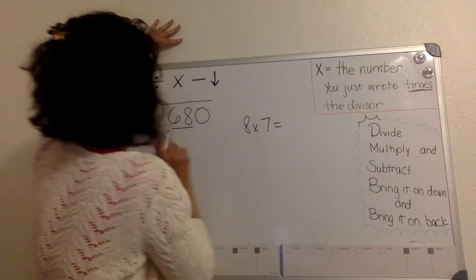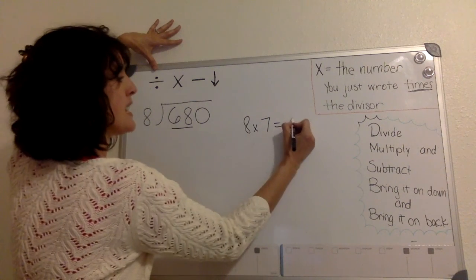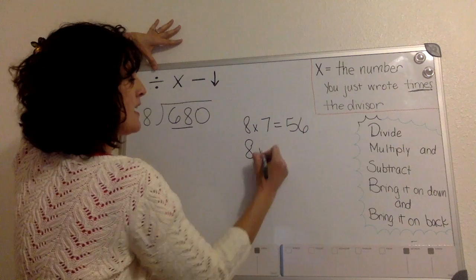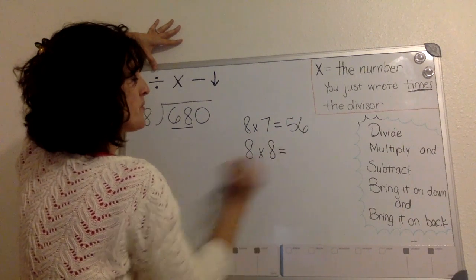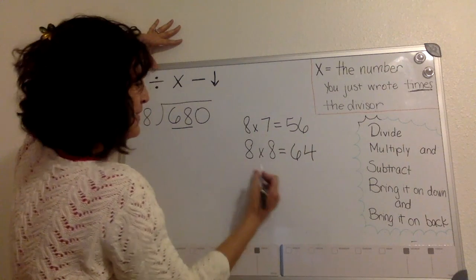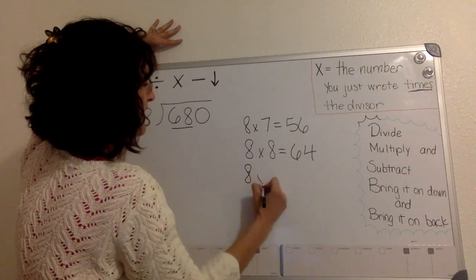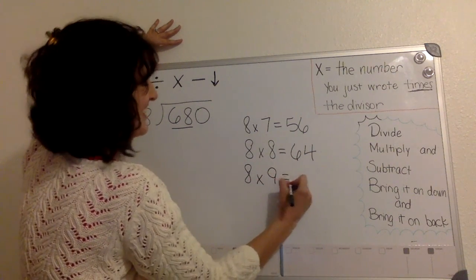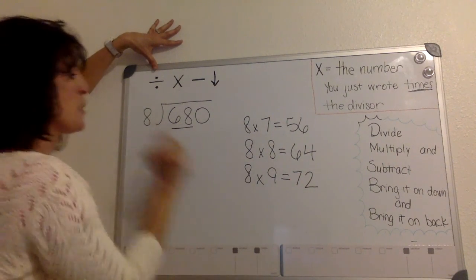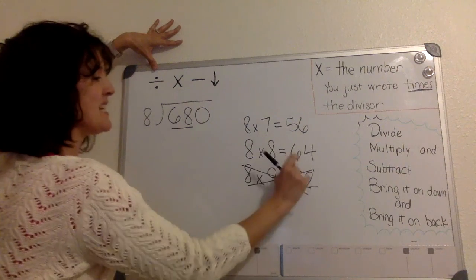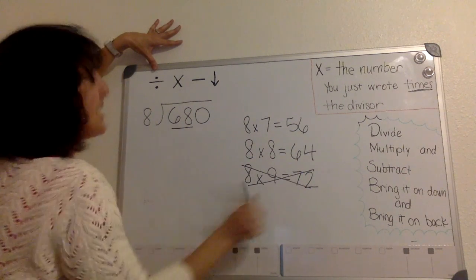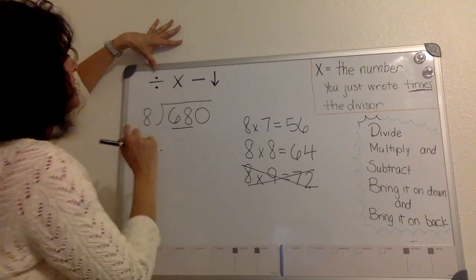How many 8s fit into 68? 8 times 7 is 56. 8 times 8 is 64. Try to beat me, guys. 8 times 9, 72. Good job. That's too much. Let's use this one. 68 divided by 8 is 8 with the leftover.